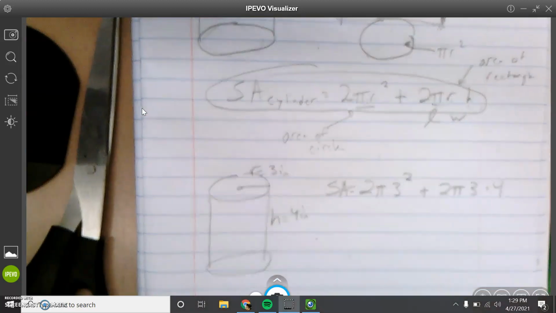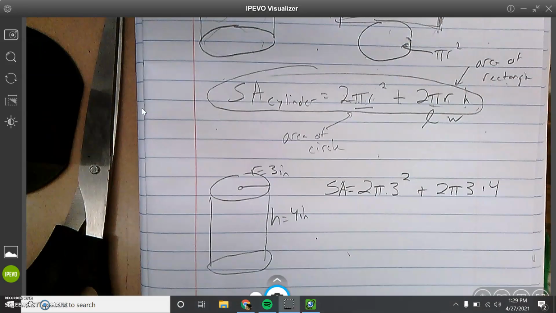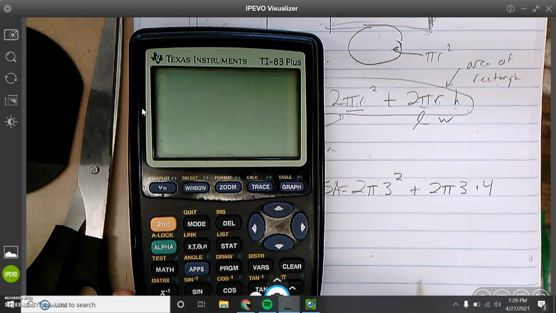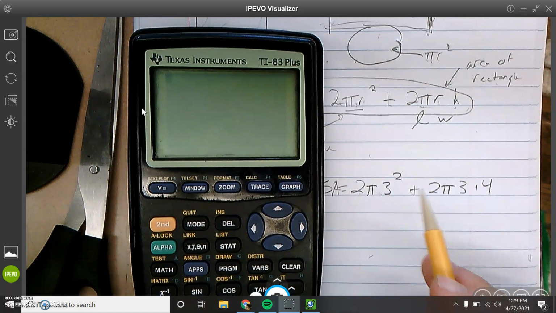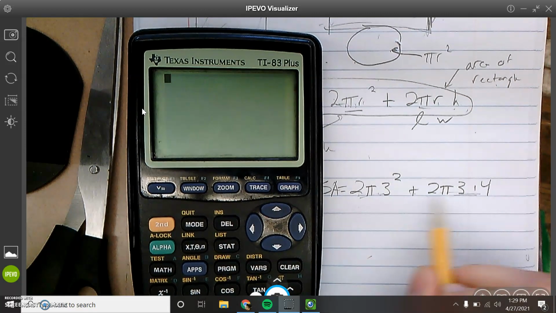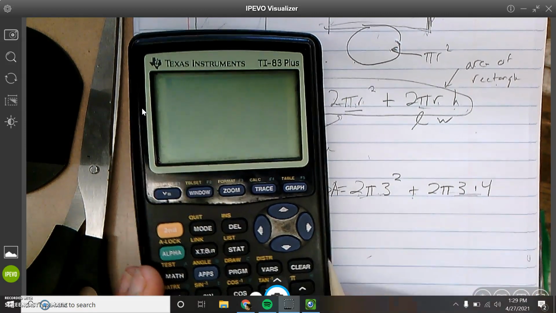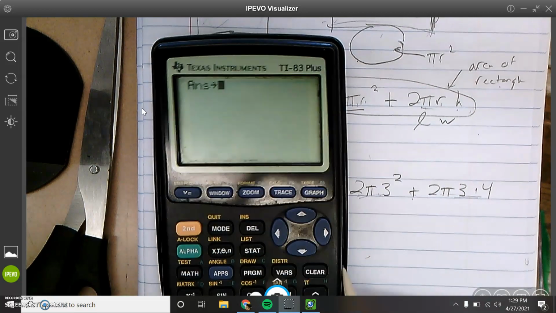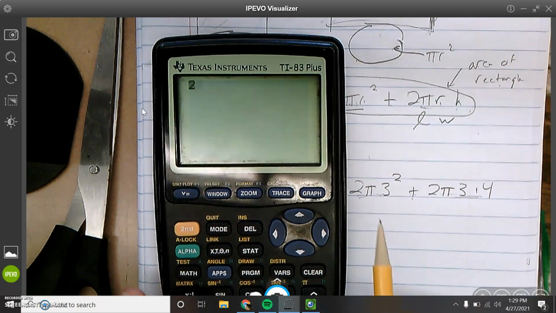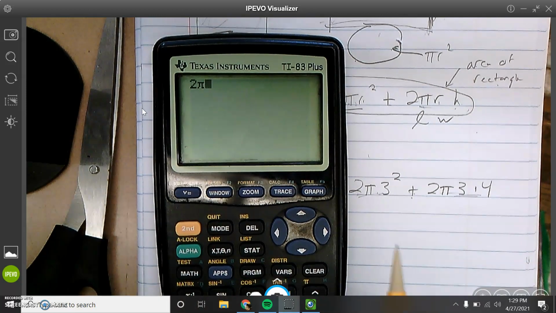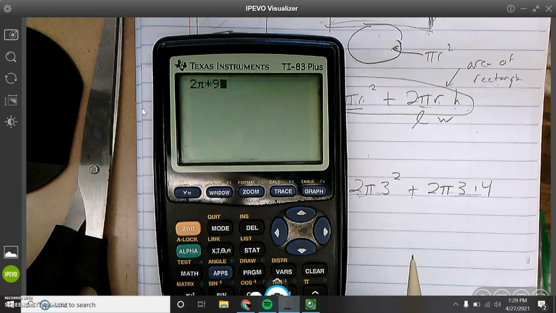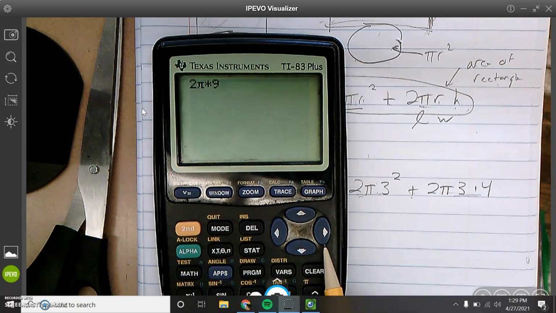This is why it's really good to have a TI-84 or a calculator like this to use, because it does the order of operations for you. If you multiply first, it's going to add last, so you don't have to put parentheses or anything. So watch what I do. Don't use anything but this or a TI-84. 2 times pi times 3 squared, which is just 9, 3 times 3 is 9.